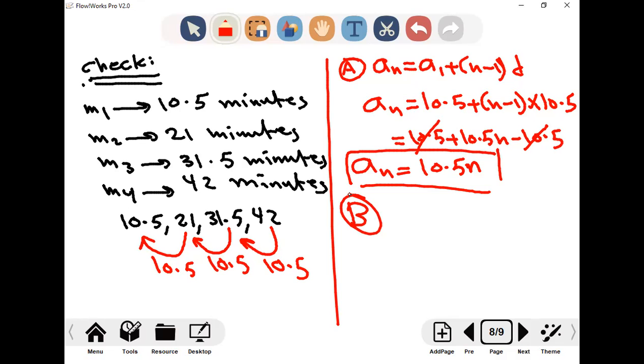So this equals 10.5 times 26.2. Calculator. 275.1 miles... no, minutes, right?